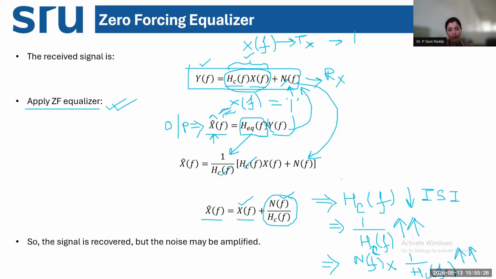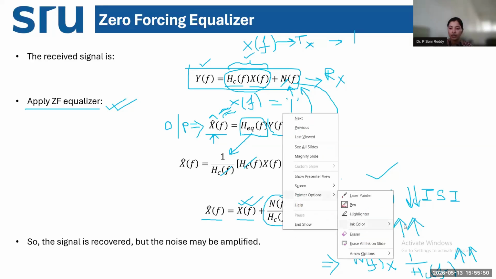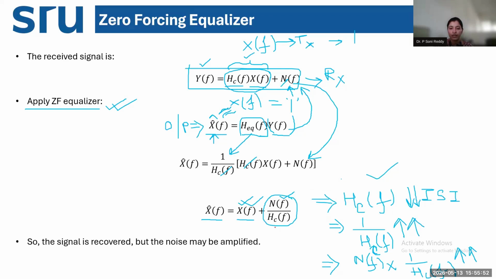So what is happening? The zero forcing equalizer is trying to overcome the effect of the channel, which is causing strong ISI, by boosting the signal and reducing the channel characteristics. So it is able to regenerate the actual signal, but in this process, it is actually enhancing the noise characteristics.